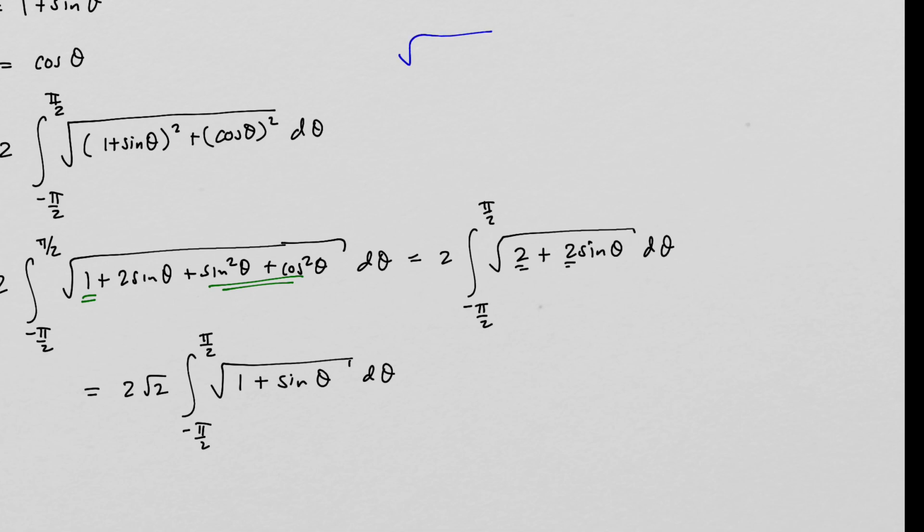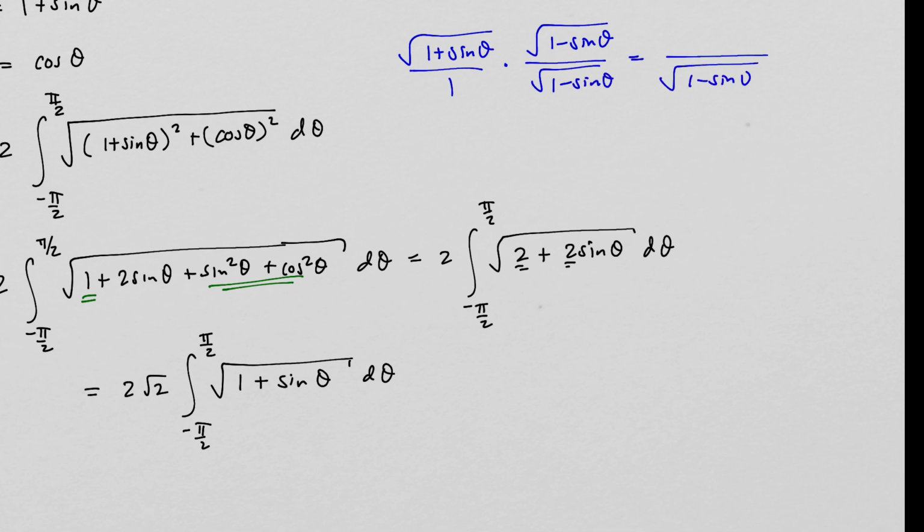So if I have the square root of 1 plus the sine of theta, I can write that over 1, and then I'm just going to multiply by the square root of 1 minus the sine of theta to the top and to the bottom. And in doing that, we will get the square root of 1 minus sine of theta in the bottom. And then on the top, we will have the square root of 1 minus sine squared of theta, which is actually the square root of cosine squared of theta.